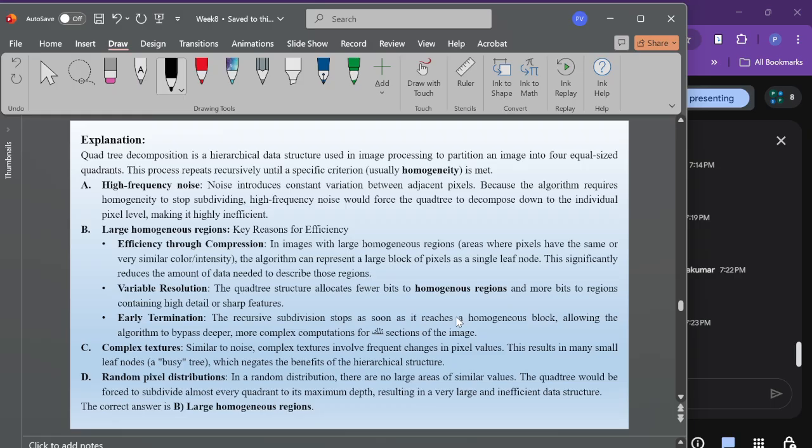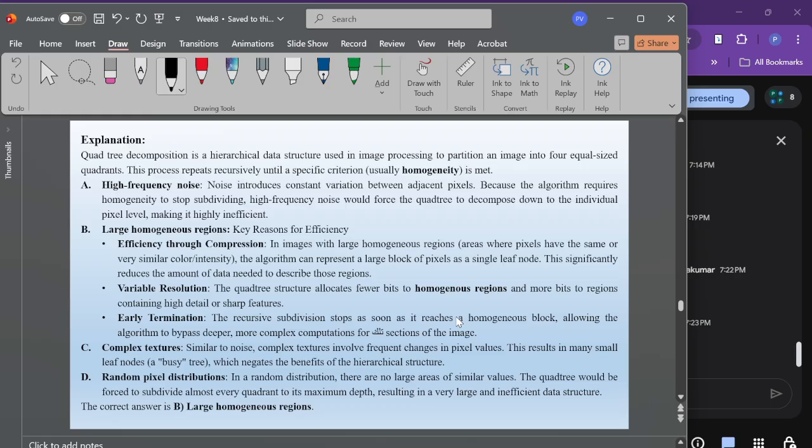Our options are high frequency noise. Noise produces constant variations between adjacent pixels. Because the algorithm requires homogeneity to stop dividing, high frequency noise would force the quad tree to decompose down to the individual pixel level, making it highly inefficient. So this is not the answer.